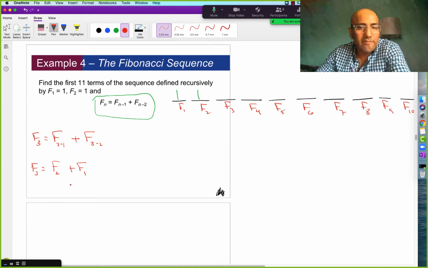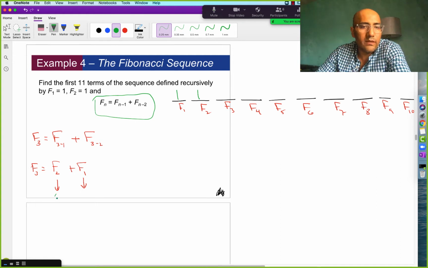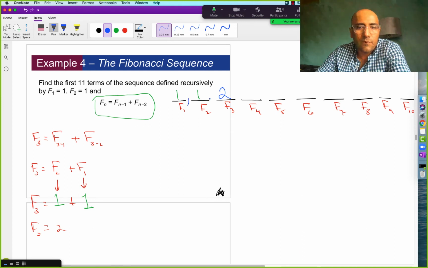F of 1 is a 1, f of 2 is a 1. This one and this one both map to 1s. A 1 and a 1. So f of 3 is going to be equal to 2. Good. And that's how we get to this next value up there in blue, 2. So now we have the first 3 values on my list.